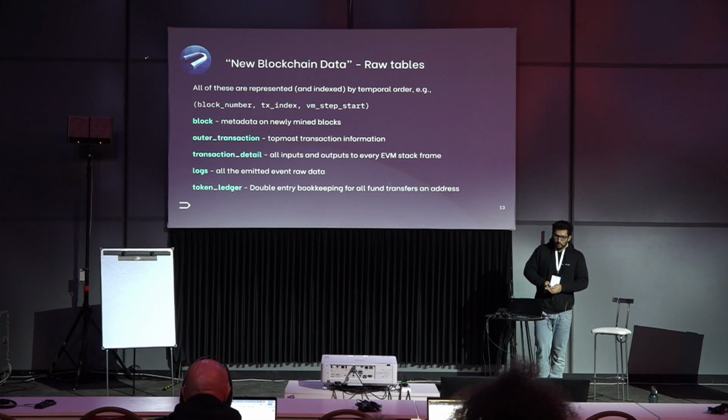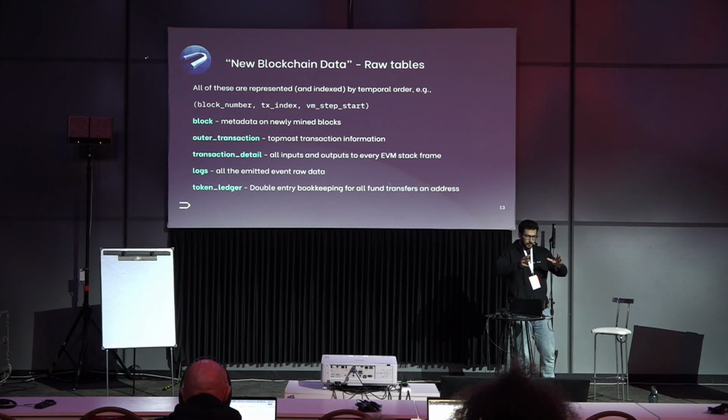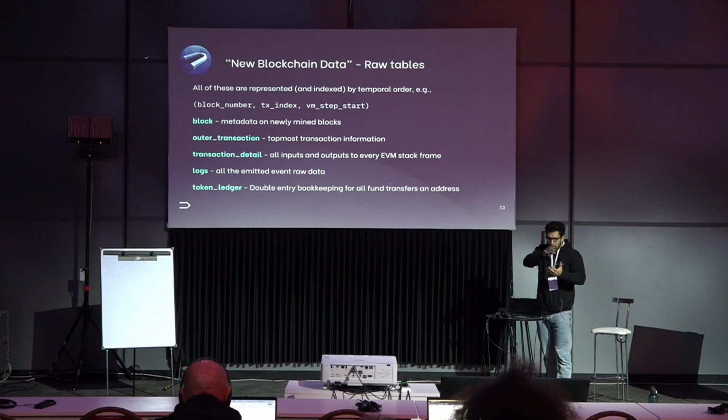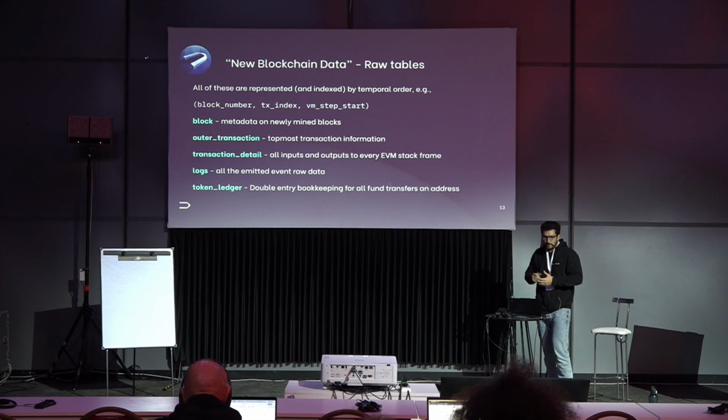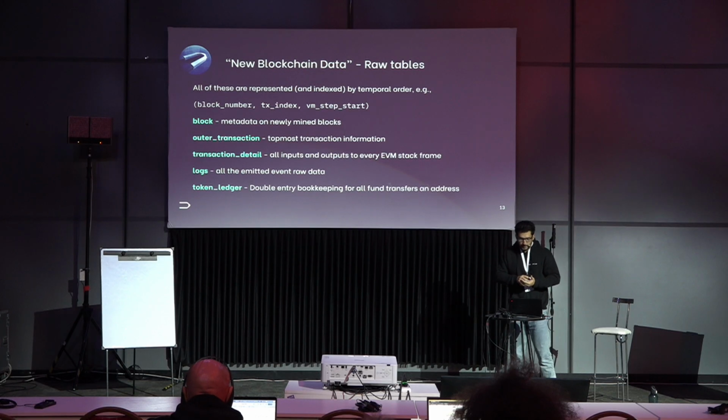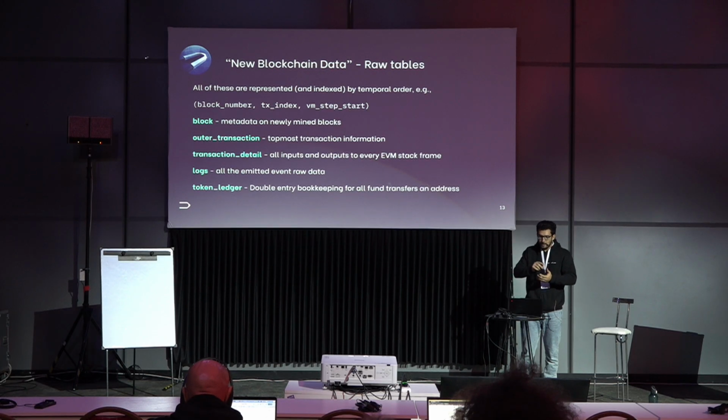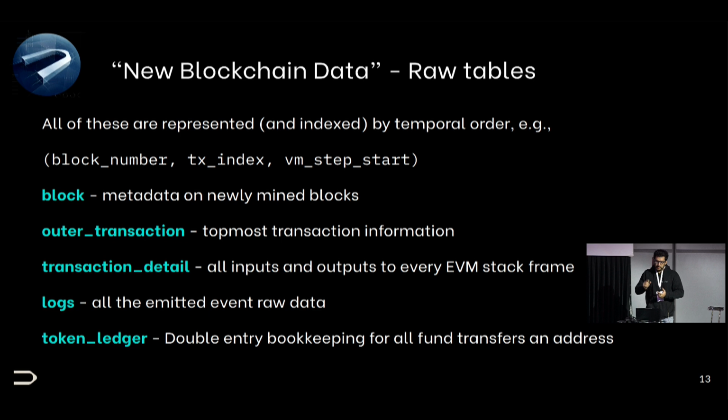Okay, now that we know this, we represent all of that information. We represent frames, logs, and everything else as new blockchain time series tables. All of these tables are indexed in temporal order. Typically, they're indexed by block number, and where it's an actual transaction, the transaction index, and the VM step start.